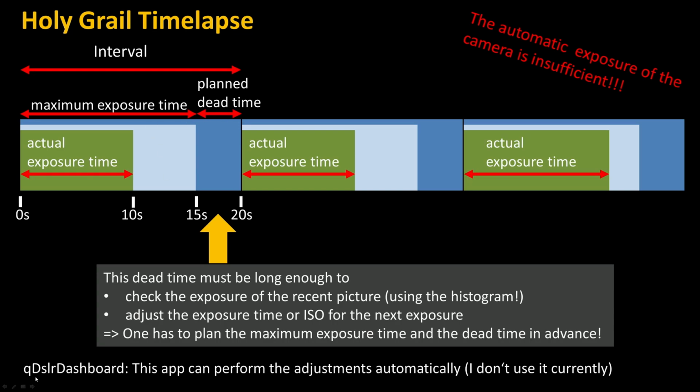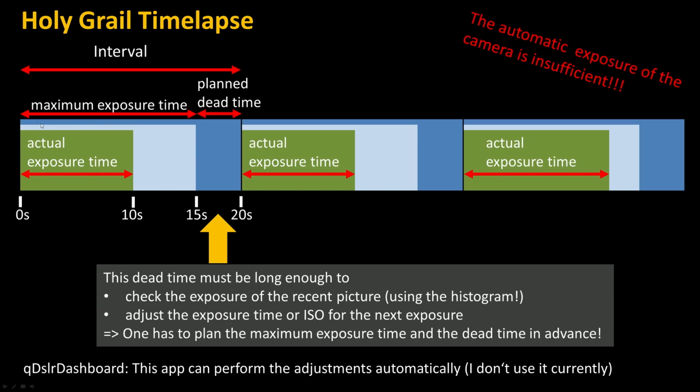You can use other methods, for example an app on your cellular phone. I used QDSLR Dashboard, which downloads a preview image from your camera, looks at the brightness levels and then adjusts the brightness automatically, but I'm actually doing this manually.